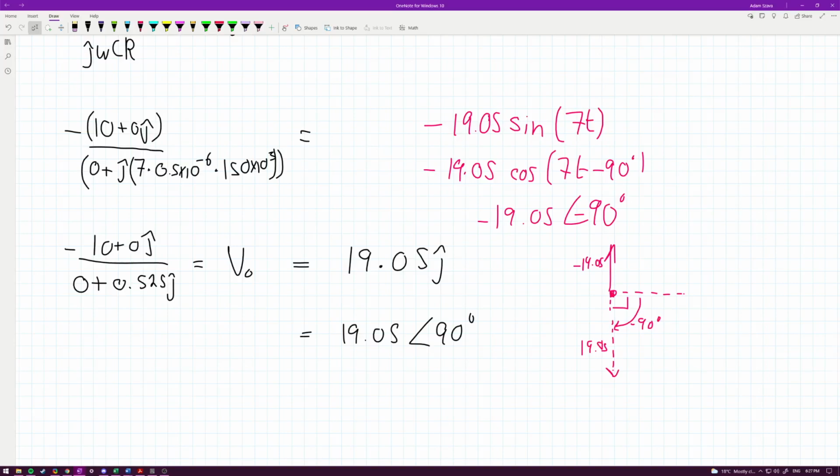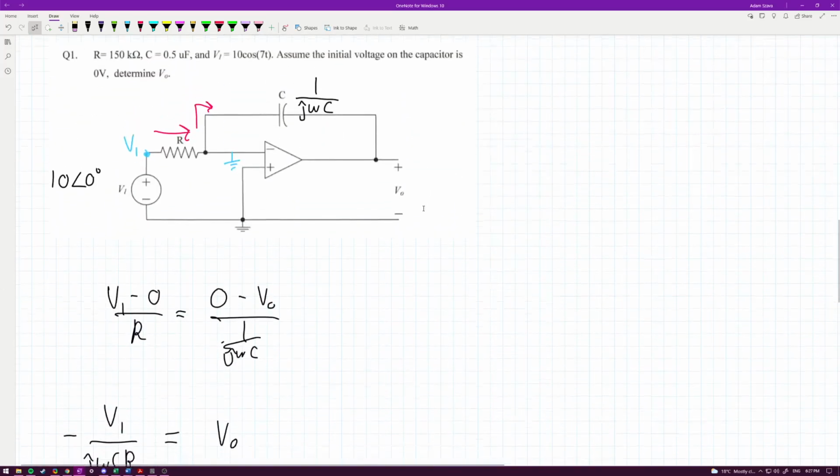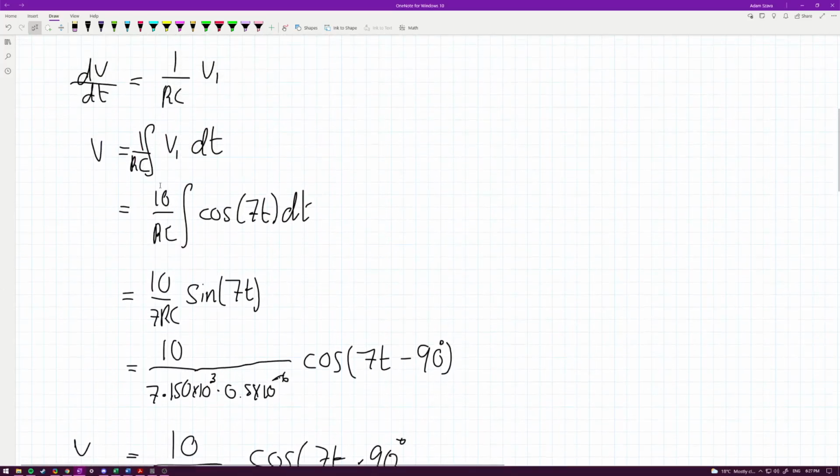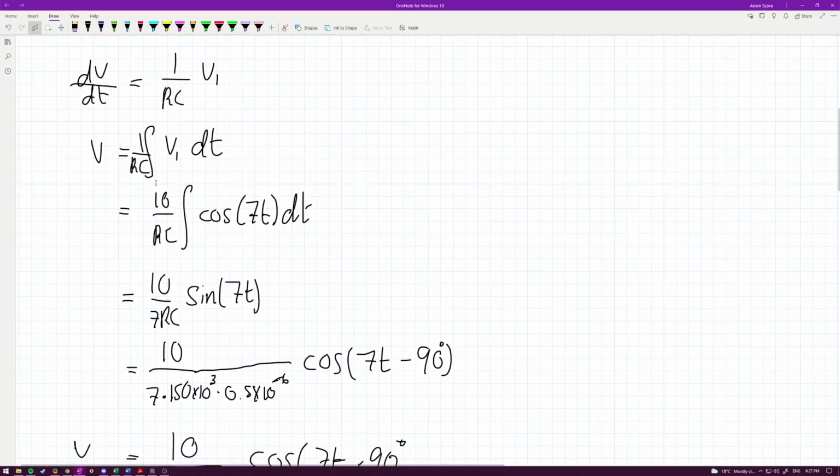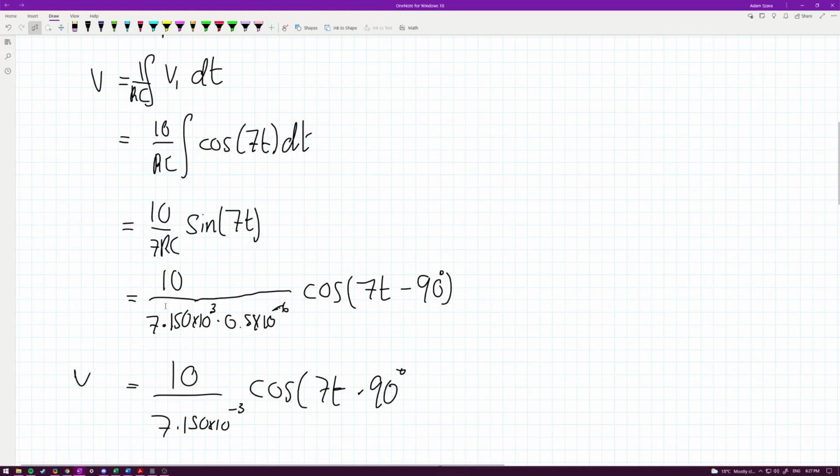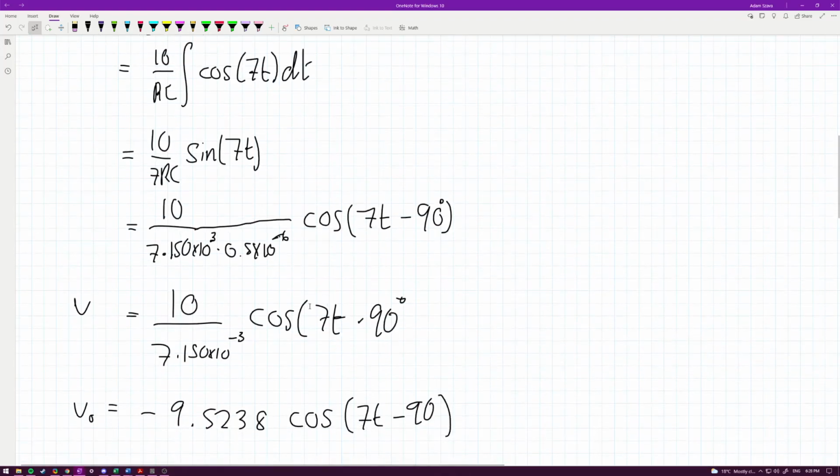And they actually did it in the time domain, and they got the right answer. Why did I not get the right answer here? I did the same integral, 10 over 7 times 150k times 0.5, and I just got a different number.